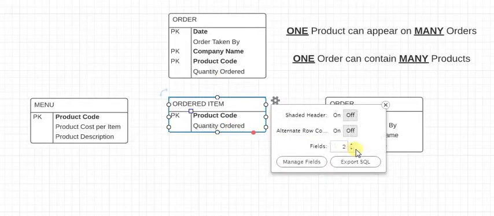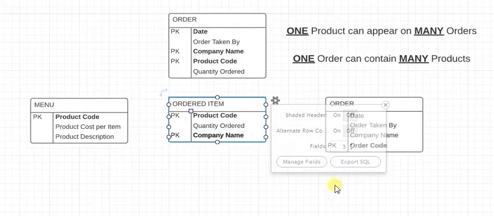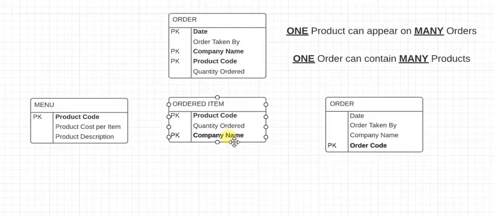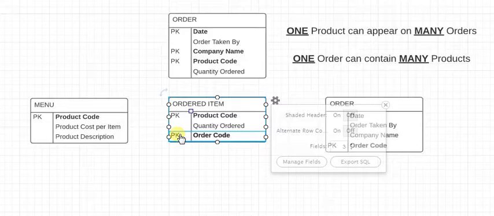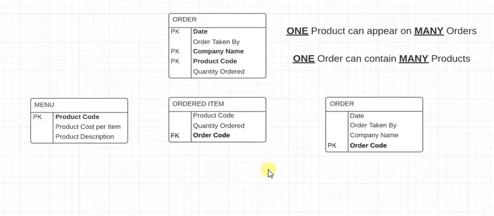Then what I can do is I can add another attribute to here, and put in there the same text, order code, and I'll put FK for that so you can see foreign key. Okay, so we'll take that out of there so that this can repeat.